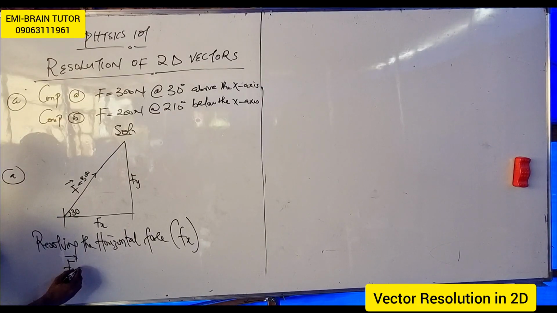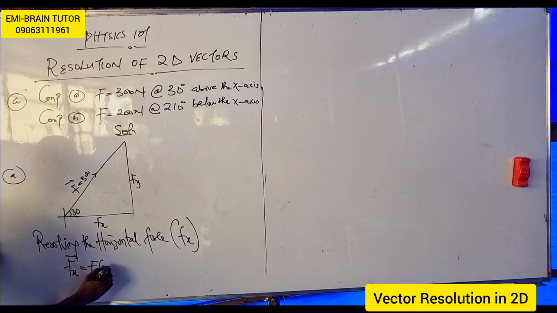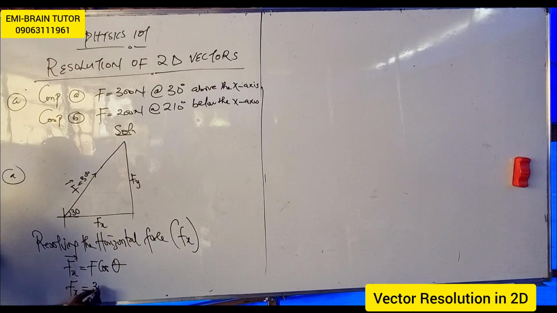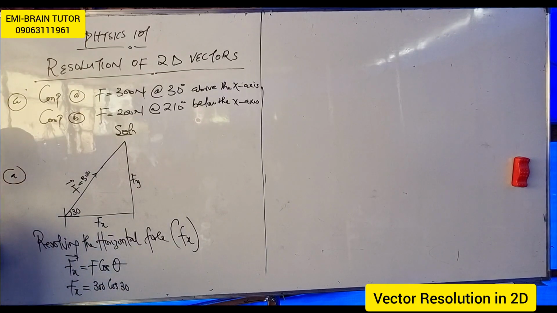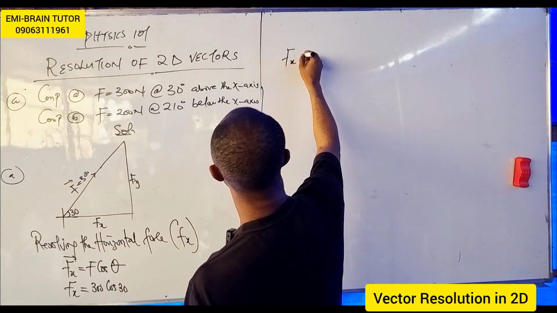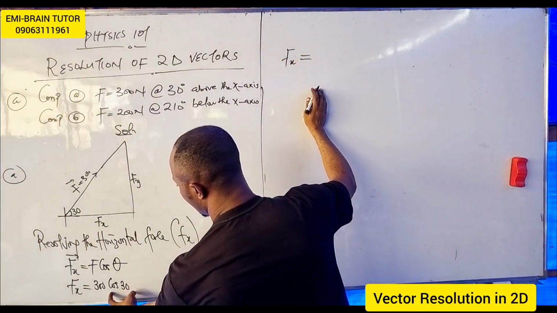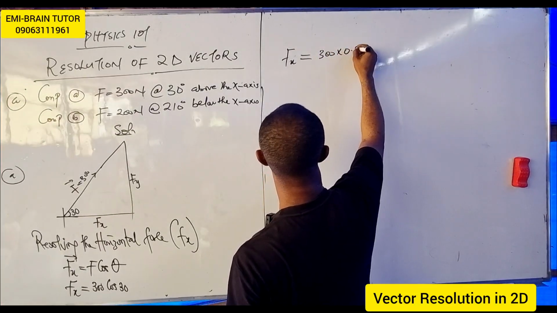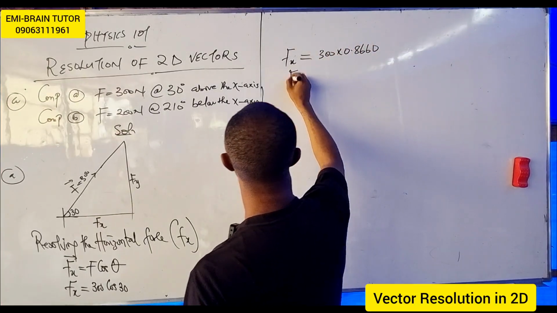Fx equals F cos theta. That will give us Fx equals 300 cos 30. What is cos 30? So 300 times 0.8660. What do you have as Fx?